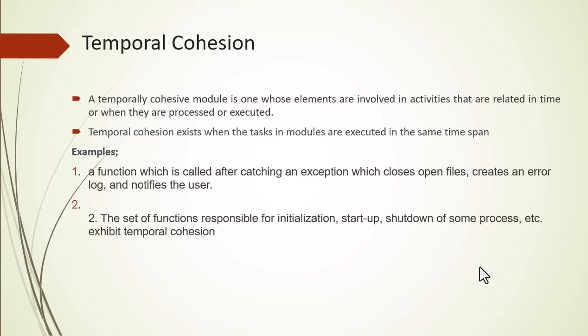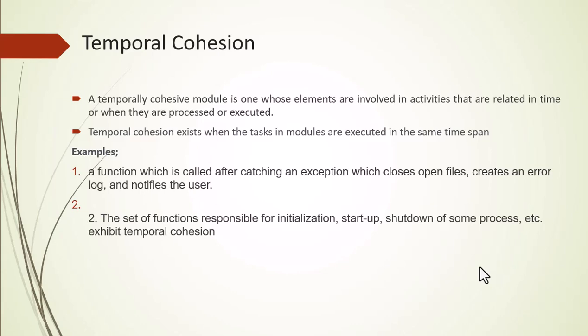So the function which is called after catching an exception closes the open files, creates an error log, and notifies the user that you are closing the open file. So the exception is called. That is the temporal cohesion.